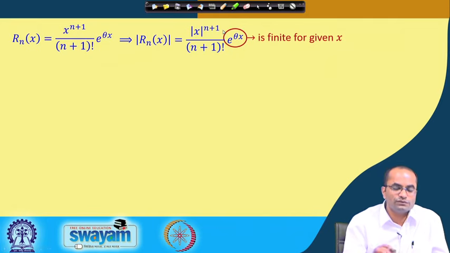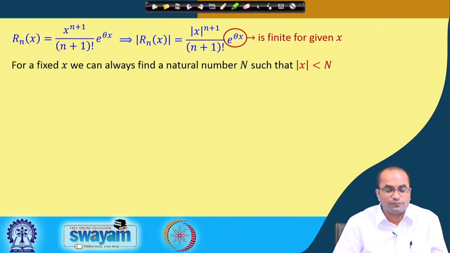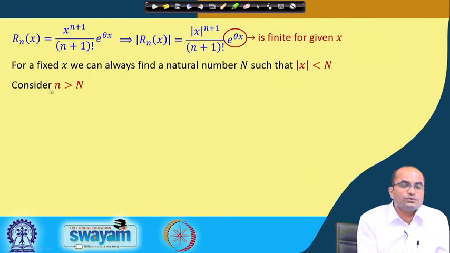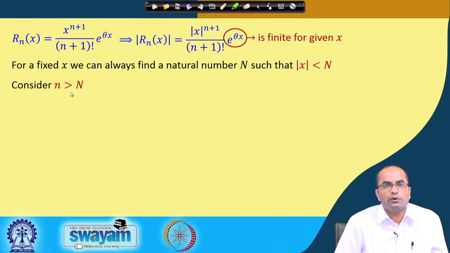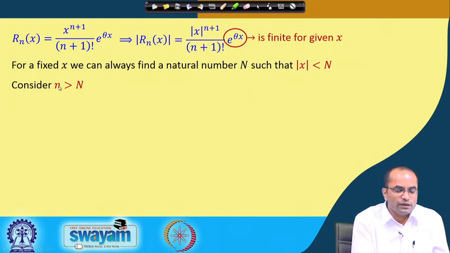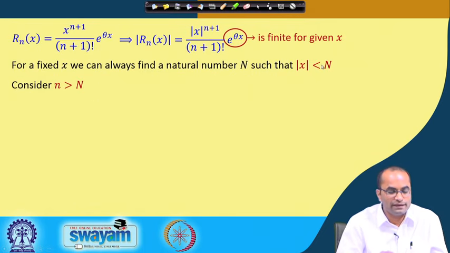For a fixed value of x, which could be a very large number, we can always find a natural number N such that N is greater than the absolute value of x. Having this, we also consider the small n term appearing in the formula, which is bigger than this number N as well.